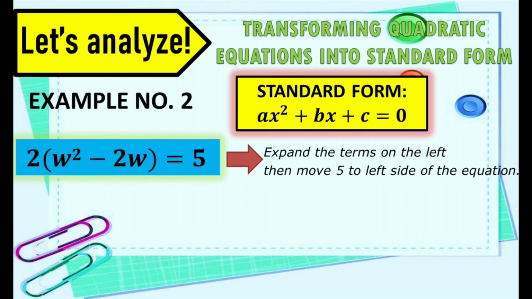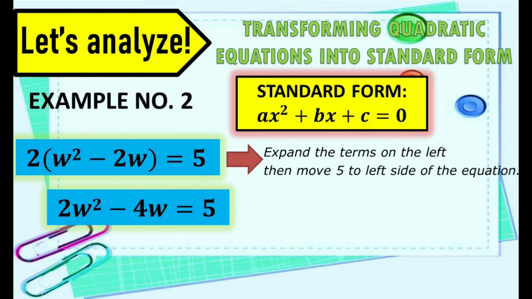So in order for us to do that, we have here 2 times w squared is 2w squared. And 2 times negative 2w is negative 4w is equal to 5.